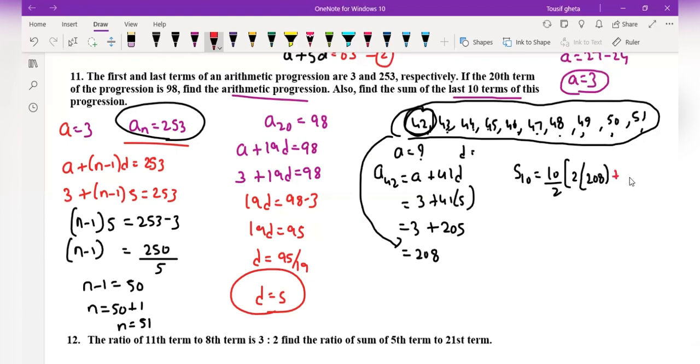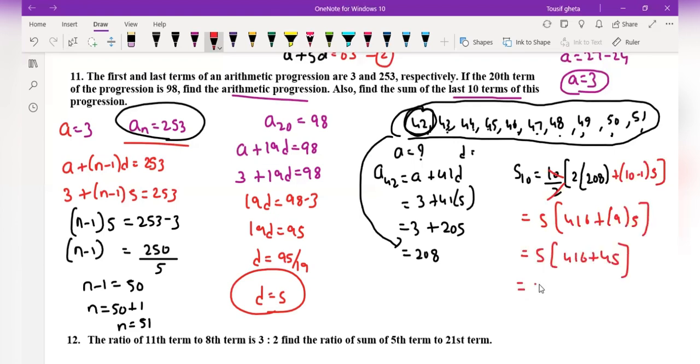208 plus 10 minus 1 D. D value is 5. So 5 of 2 into 208 will give me the value as 416, plus 9 into 5, that is 45. Add it, you will get how much? 5 of 416 plus 45, you will get 461.